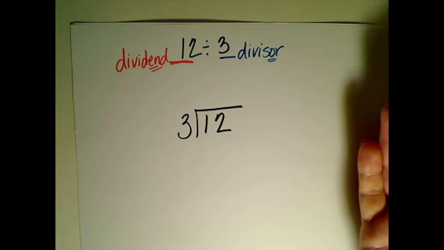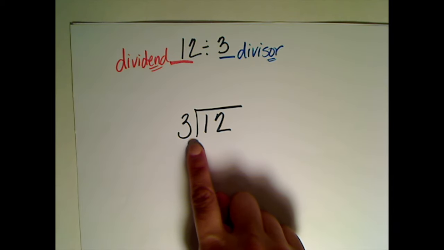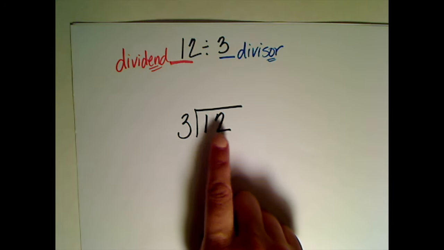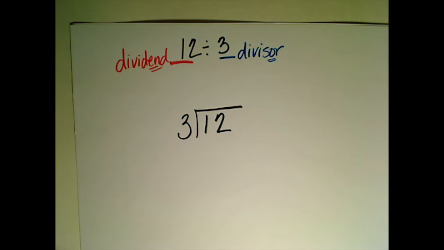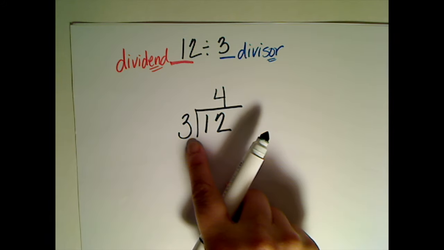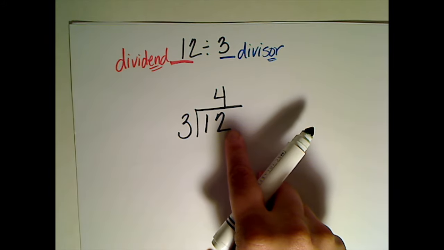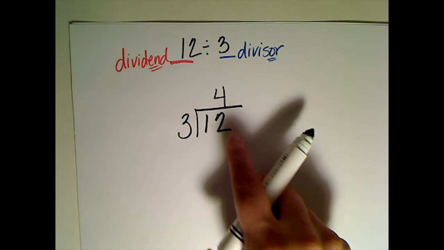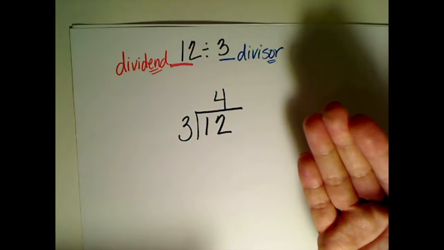There's nothing to be scared of, guys, because we know that 3 groups of what can go into 12. From our modeling, and from knowing your multiplication chart by the time you're in 5th grade, 3 groups of 4 can go into 12. But we just know that.